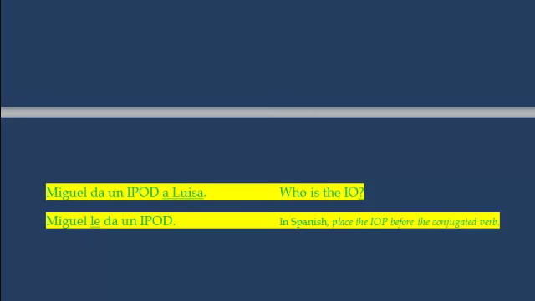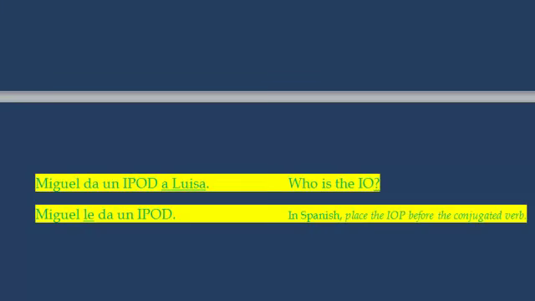Who is the indirect object? Luisa. Luisa is still receiving the iPod. Now we replace Luisa with the indirect object pronoun, which would be le, for her. Miguel le da un iPod. In Spanish, you place the indirect object pronoun before the conjugated verb.